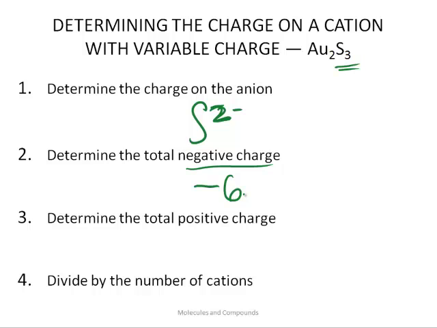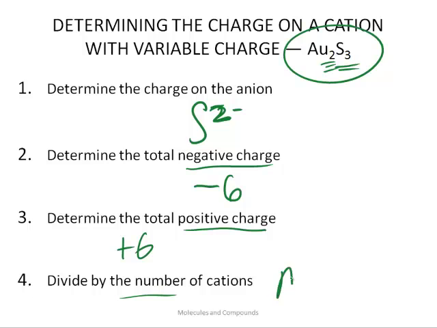So what does the positive charge have to be? Well, we know that this overall compound has to have a neutral charge of 0, so it has to have a +6 charge. Now, the next thing we're going to do, if this applies, is divide by the number of cations, because that's the +6 charge for the total positive charge. We can see that there are 2 gold cations there, so each gold is going to be a 3+.